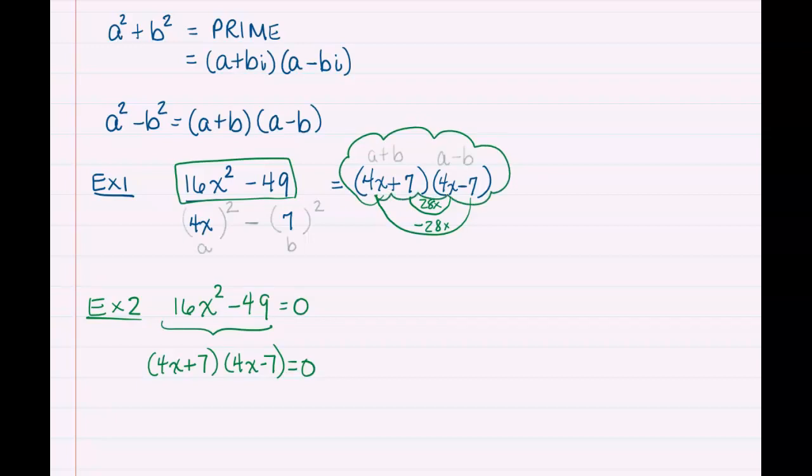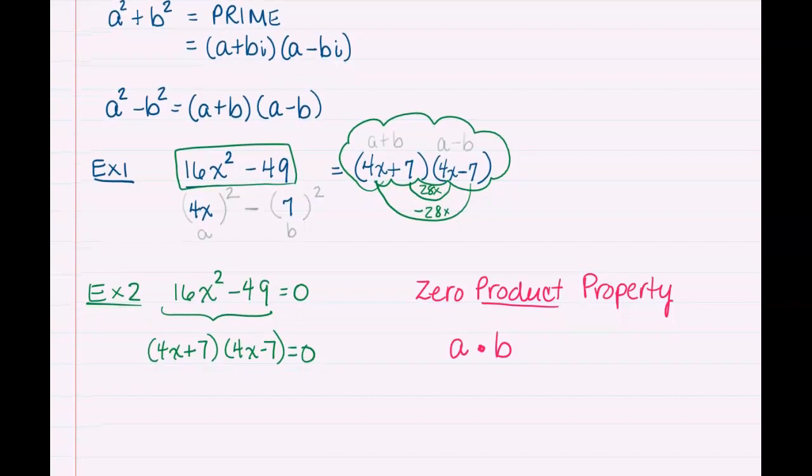Now that it's equal to 0, we're going to talk about the zero product property. So the zero product property states this. It says that if you have a product, that means you're multiplying two things. We'll call that A times B, or whatever two letters you want to use.